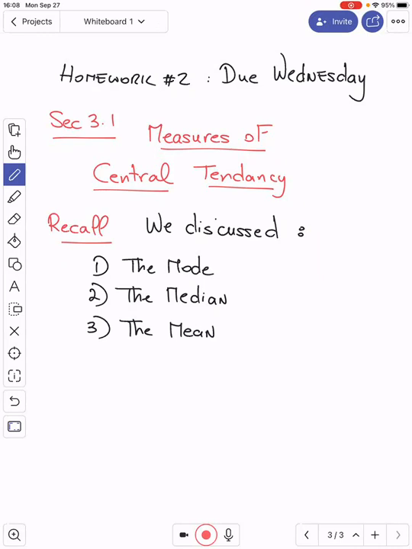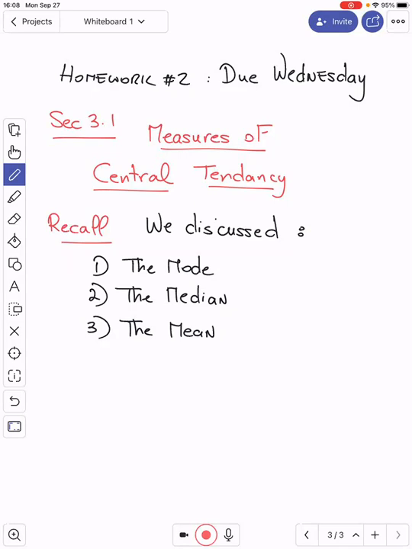Any question? Okay. Anyway, sometimes in a data set you will find some values which are different from others. In that case, sometimes it's better to use the trimmed mean instead of the mean.